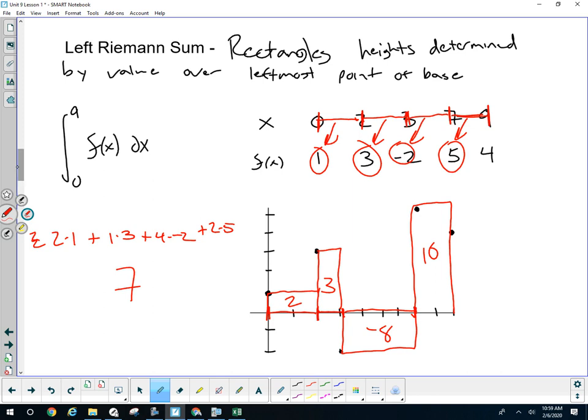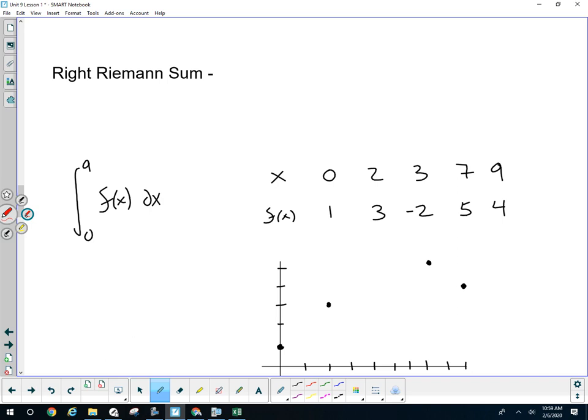All right. Right Riemann sum approximation. Same deal as the left, only the height is on the right of your interval. Height over or under the rightmost point of your interval.